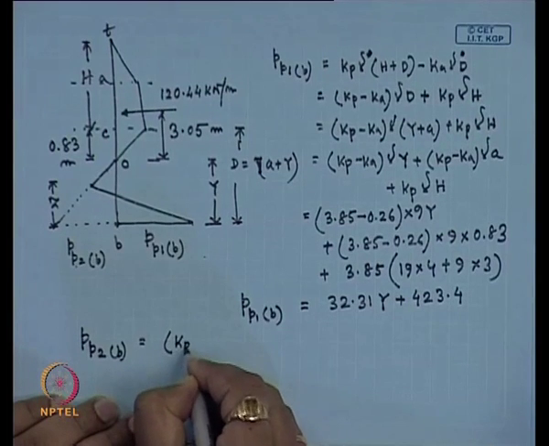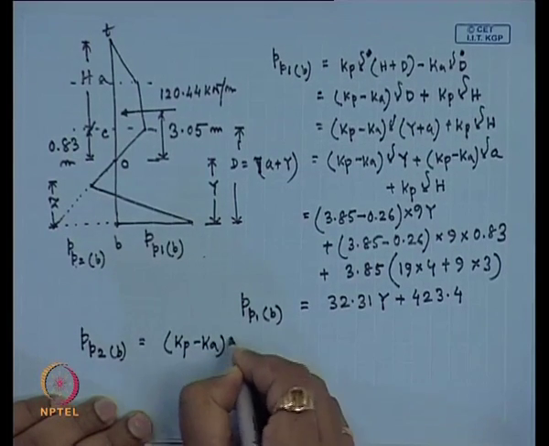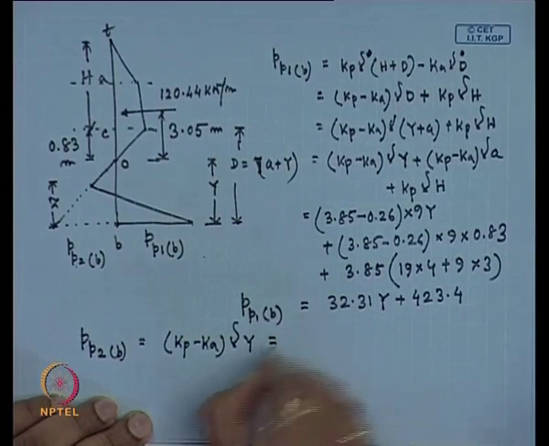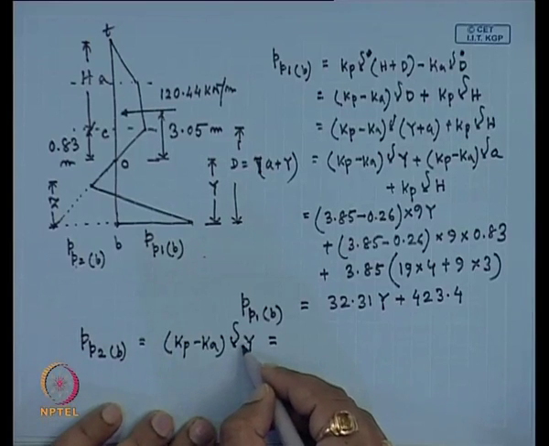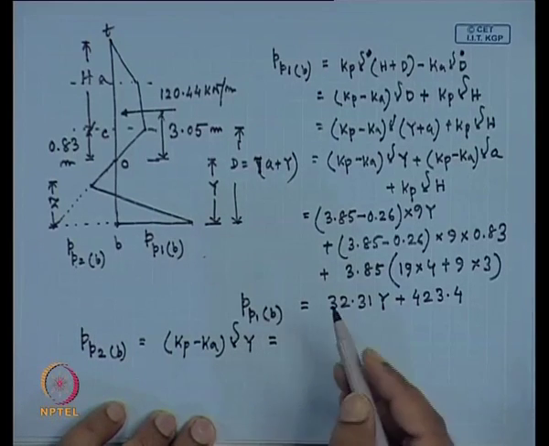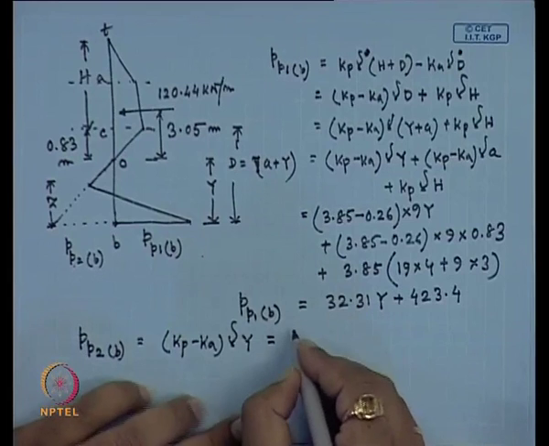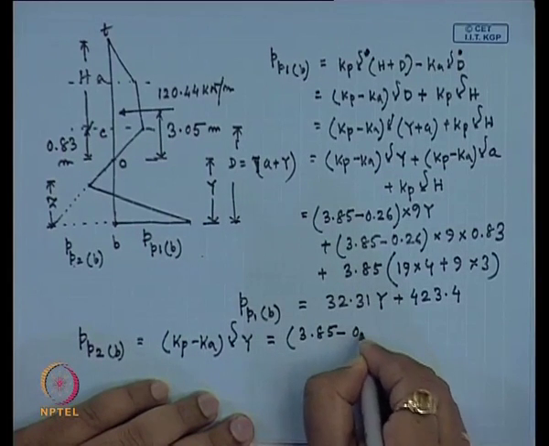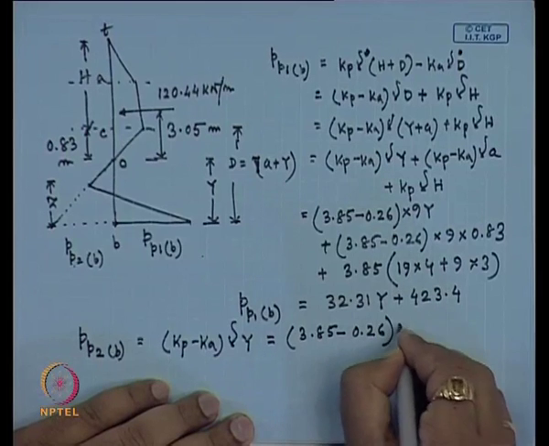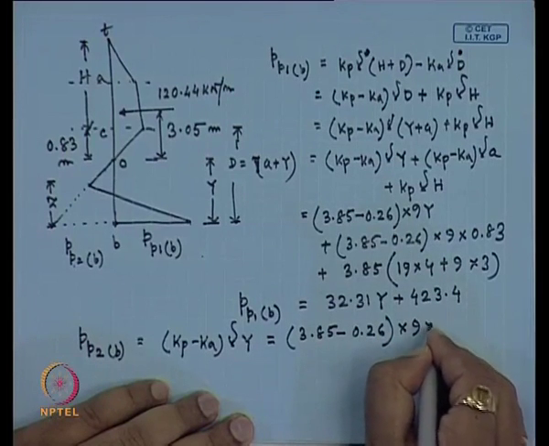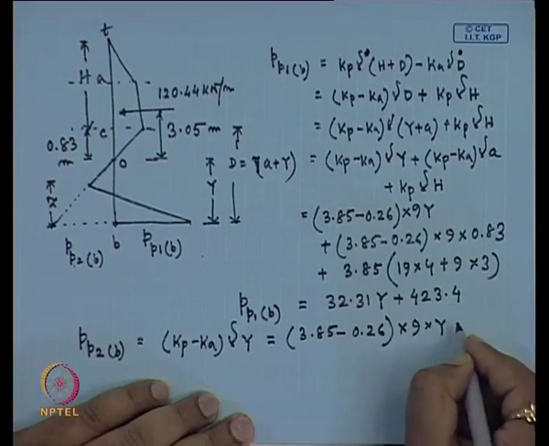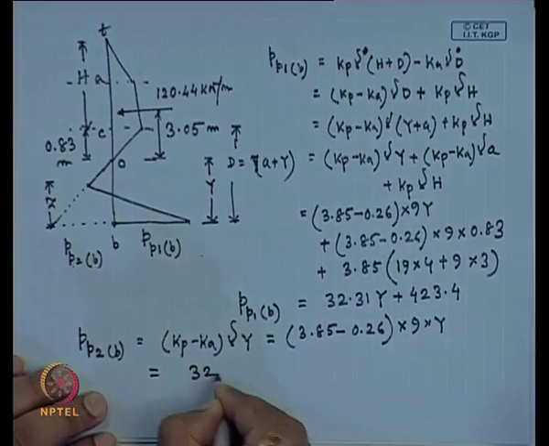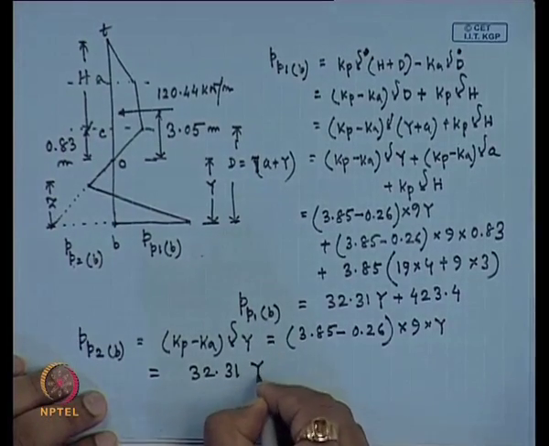That is K P minus K A into gamma into capital Y. Here gamma will be 9 as it multiplies Y, which is below the dredge level. So, 3.85 minus 0.26 into 9 into Y, and that value is 32.31 Y.